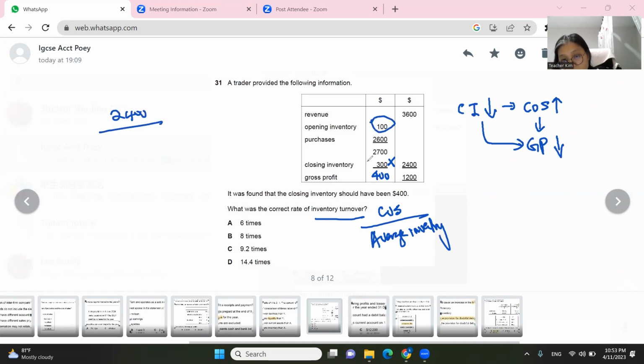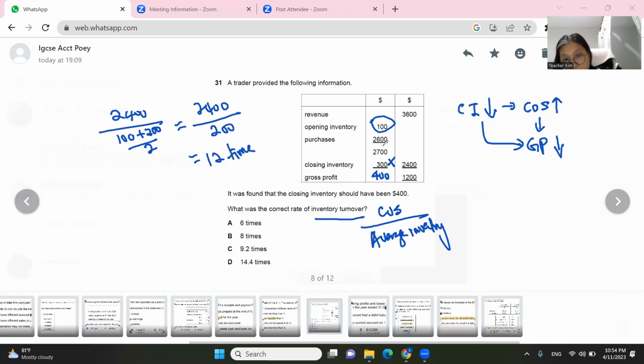Average is this one plus this one, 100 plus 300, divided by 2. So let's count: 400 divided by 2, we get 200. So 2400 divided by 200 is 12. So this is 12 times.